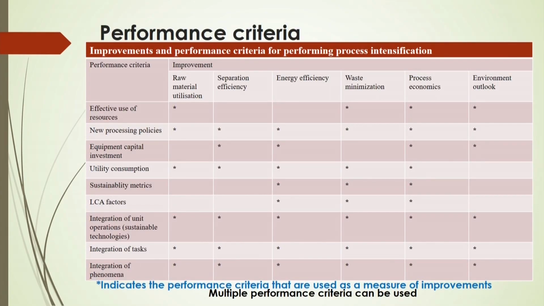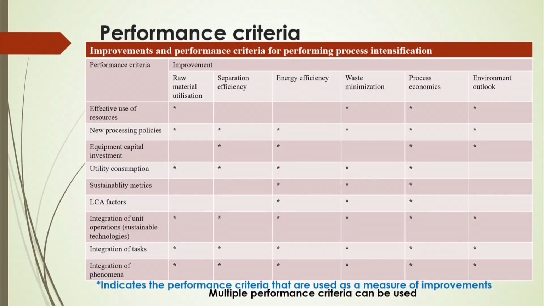Now, as per the performance criteria for performing process intensification, we can say that different performance criteria are there. There will be effective use of resources, new processing policies, equipment capital investment, utility consumption, sustainability matrix, life cycle analysis factors, and integration of unit operations or sustainable technologies, like integration of tasks and integration of phenomena; all should be considered as performance criteria.